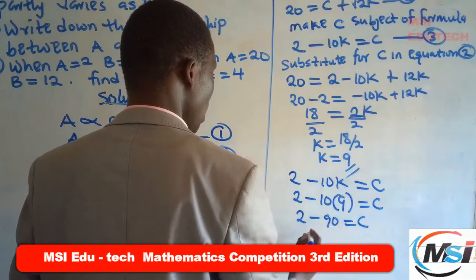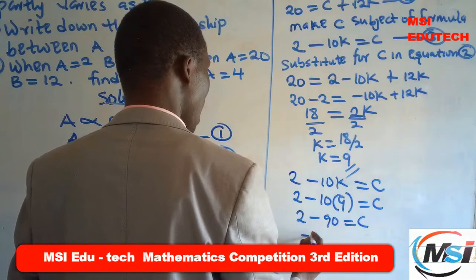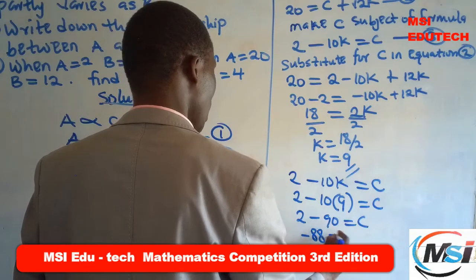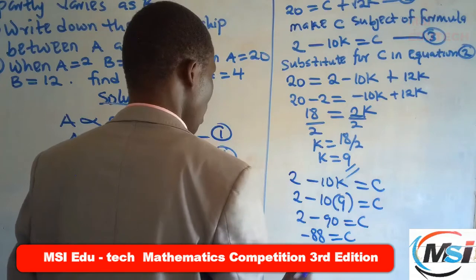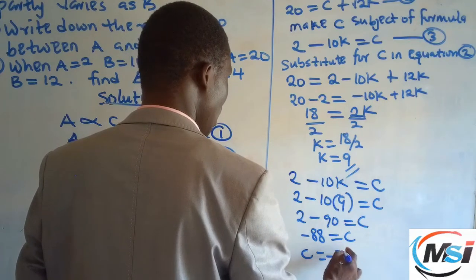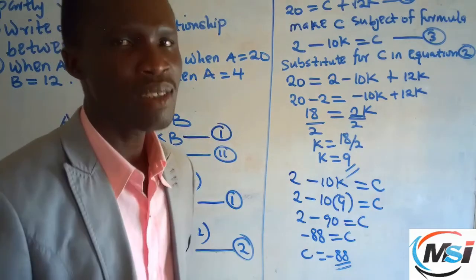So 2 minus 90, we are going to have minus 88 equals C. So C will give us minus 88. So that will be the value of our C.